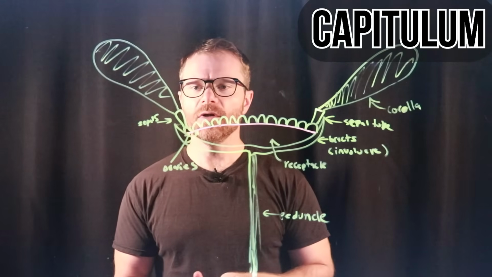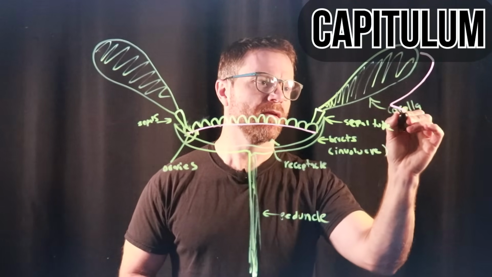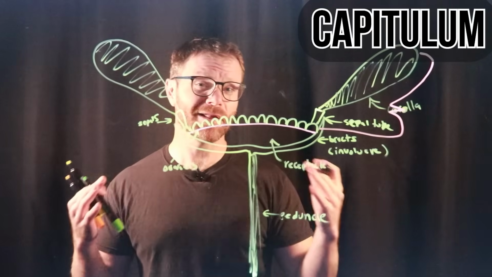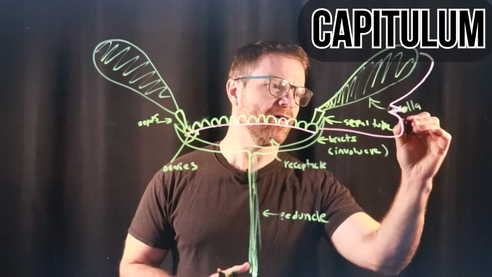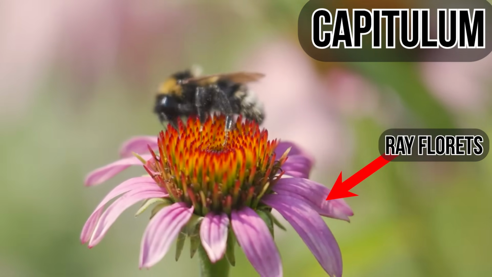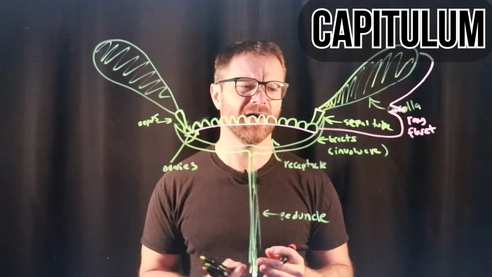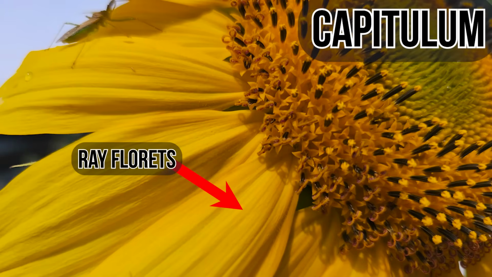And this whole specially modified outer flower that basically exists to look like a petal, to be pretty, we call that a ray flower or a ray floret, like a little flower, a mini flower, but it is a full flower. It's just modified to be weird. We would say it's an imperfect flower because it doesn't really have sexual organs.